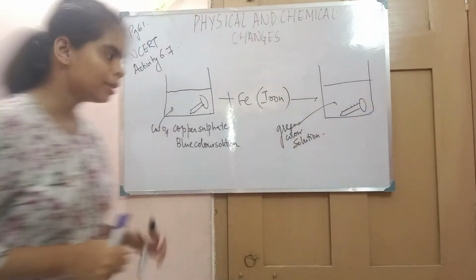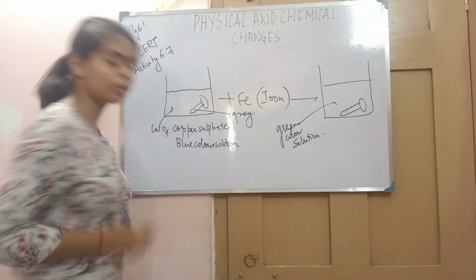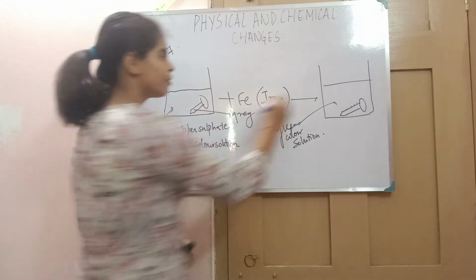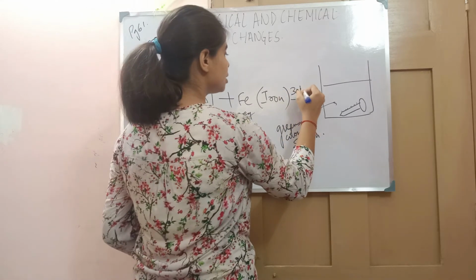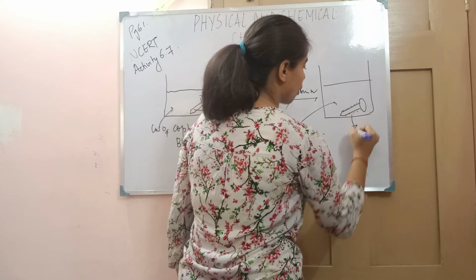The original color of the iron is grey, but after keeping it for 30 minutes, you will see a brown color coating is formed.